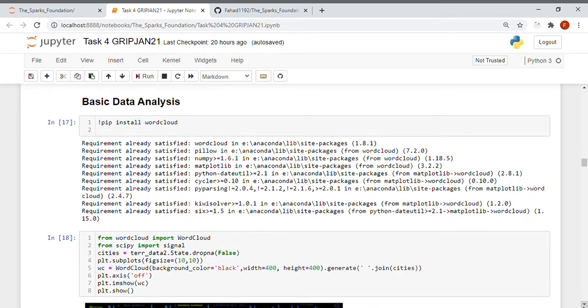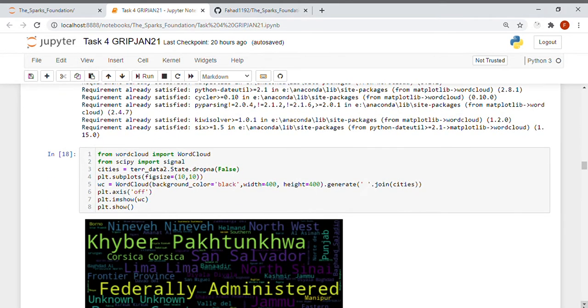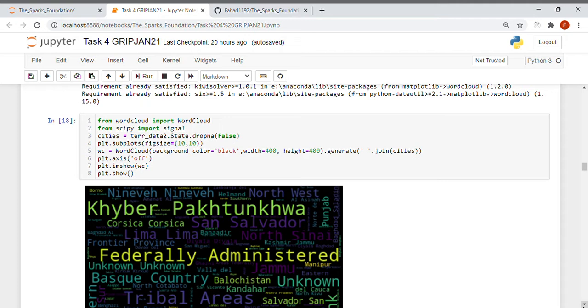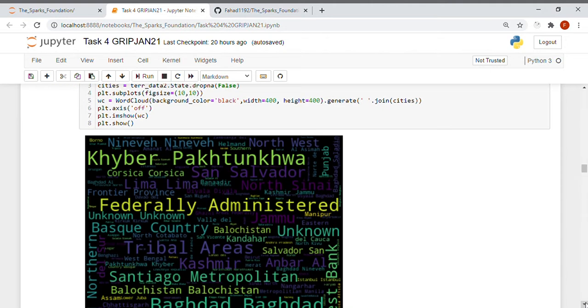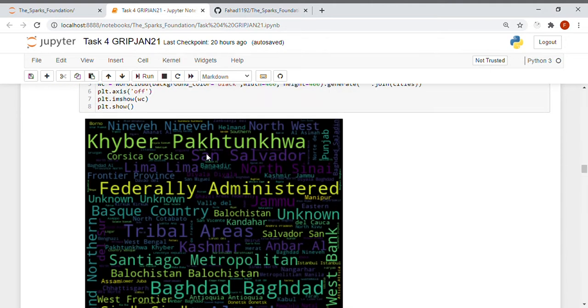For some basic data analysis, we will use a word cloud. First we will install the word cloud, then we will see which regions are the global hotspots of terrorism. With this word cloud we can see Khyber Pakhtunkhwa.